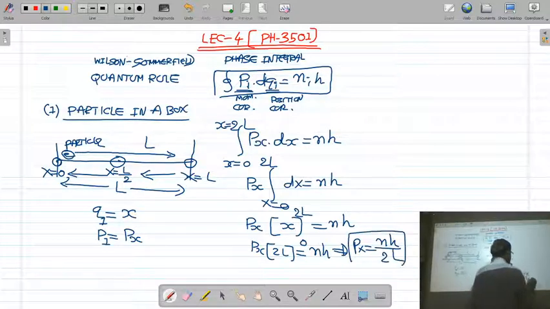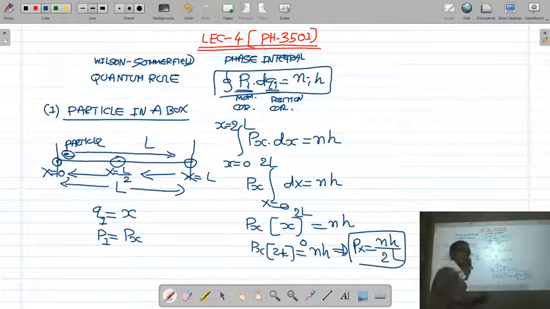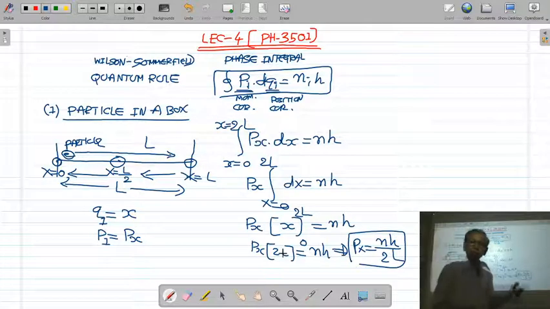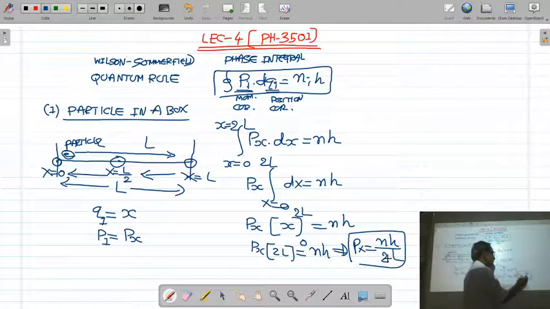This is the quantized value of momentum of the particle, which the particle can take when it is moving in a one-dimensional box of length L. In the last lecture, instead of 2L, I had written 2 pi. That was my mistake, so please make the correction. It is not 2 pi, it is 2L. So the momentum of the particle comes out as nh upon 2L.